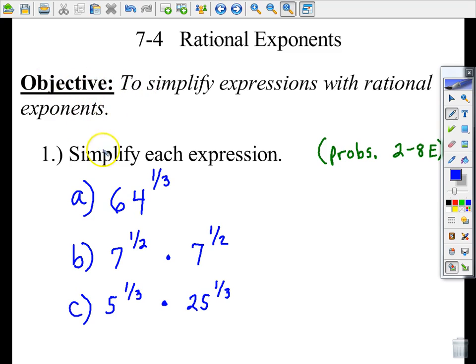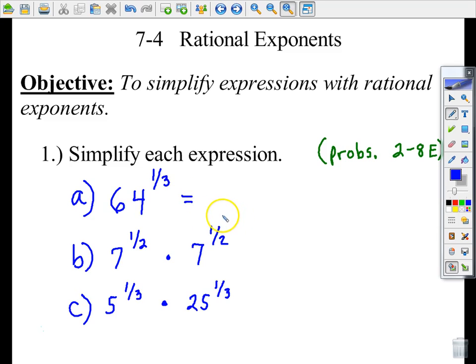You do not have to write the objective. I'm going to give you some examples that correspond to problems 2 through 8 even on your homework. The directions, very simply, just say to simplify. So you need to think of these rational exponent expressions as radical expressions.